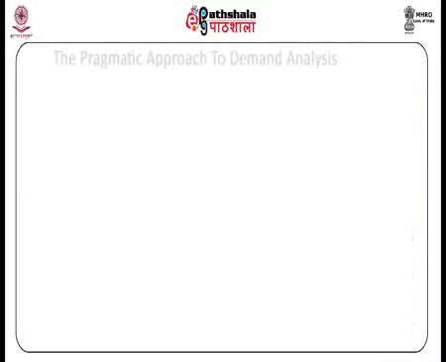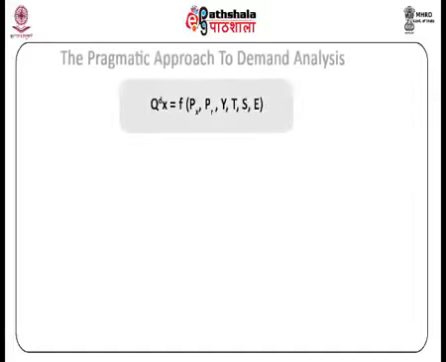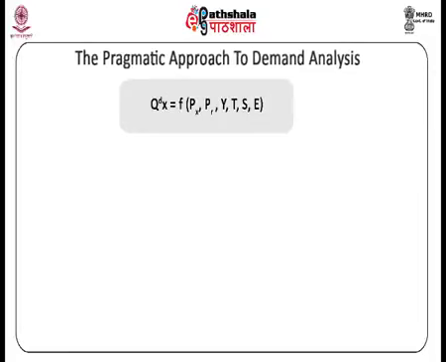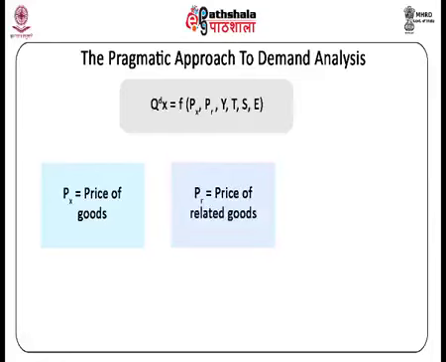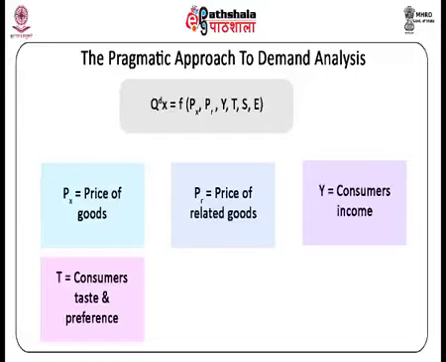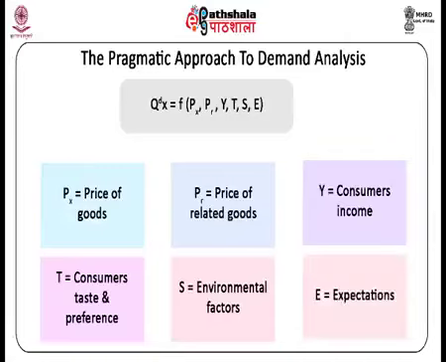Individual demand function is represented as QDX = F(PX, PR, Y, T, S, E), where PX is the price of good, PR stands for the price of related goods, Y is consumer's income, T is equal to consumer's taste and preferences, S are the environmental factors, and E represents expectations.